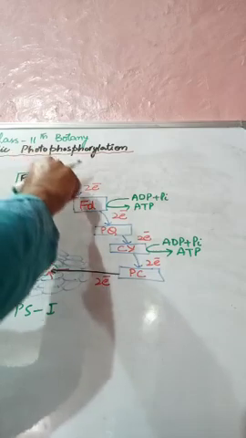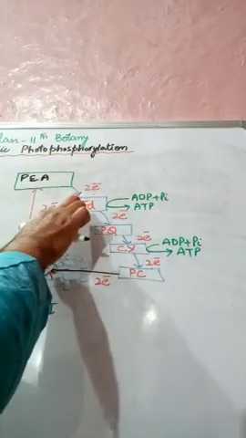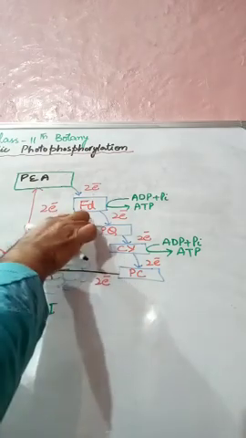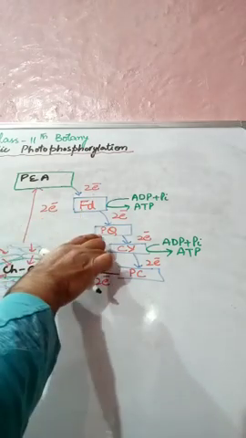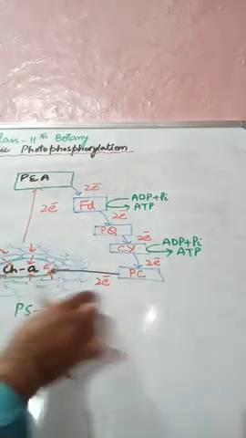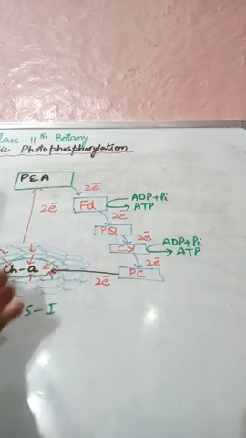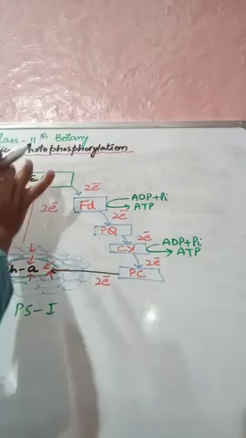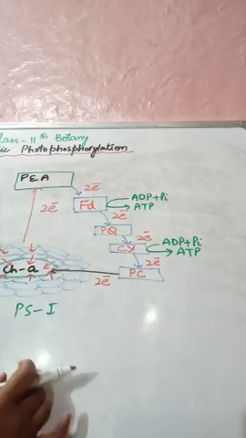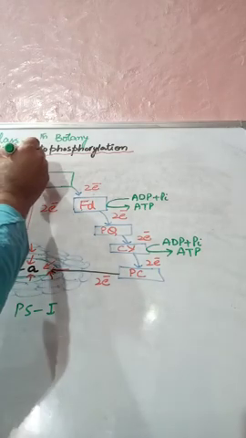This electron with higher potential energy moves down through the electron transport chain, and there are four acceptors: ferredoxin, PQ, cytochrome, and the plastocyanin. From this plastocyanin, two electrons are taken by chlorophyll A, so it forms a sort of cycle. So this is called cyclic photophosphorylation.